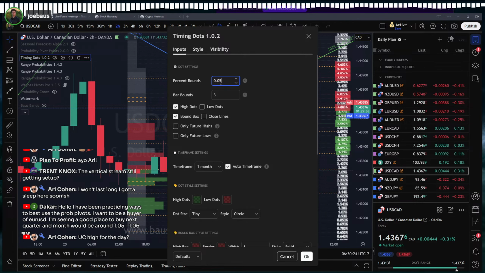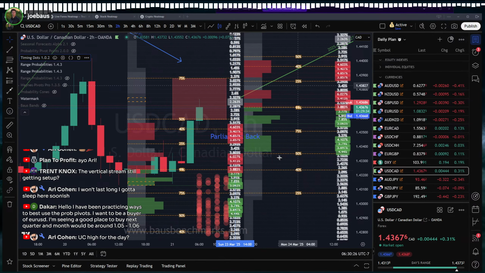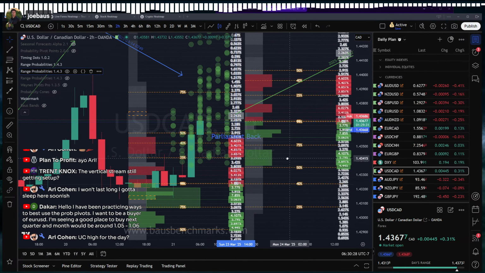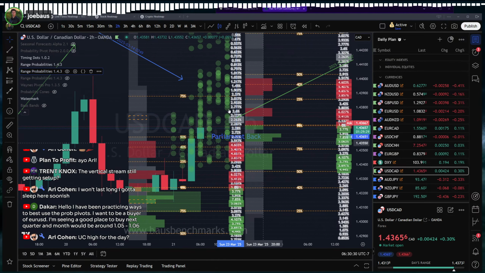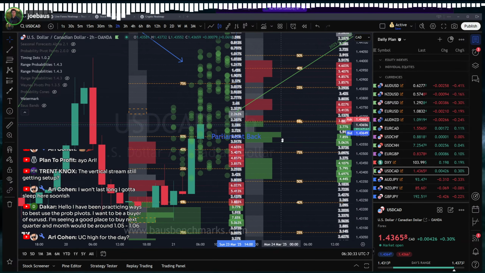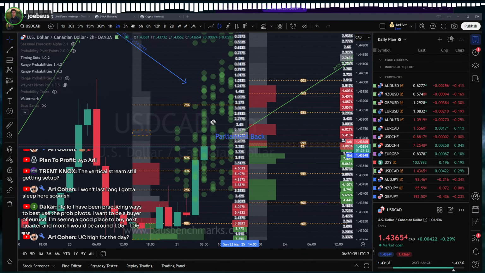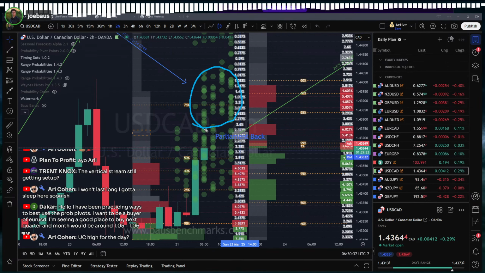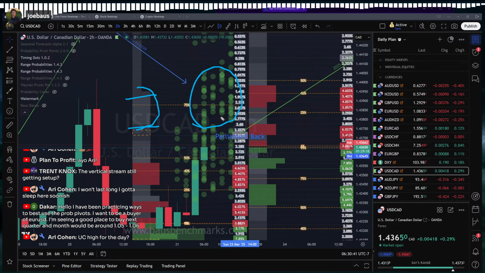Let's go ahead and adjust the settings here, so then we can do our analysis. Yeah, you know, I wouldn't be surprised to see us move into this cluster of dots into the end of day, which lines up with this blip here in our distribution.